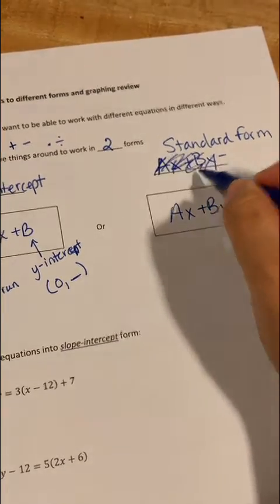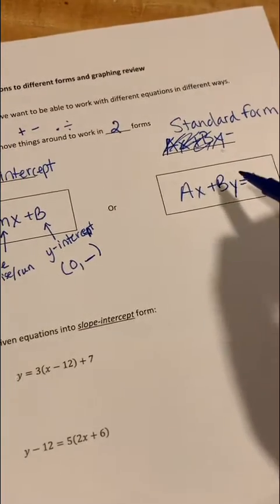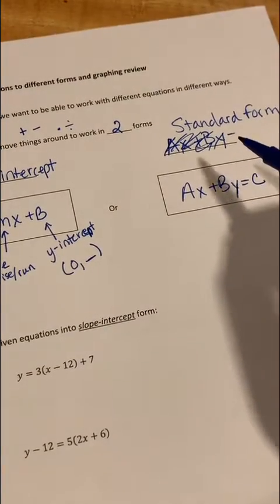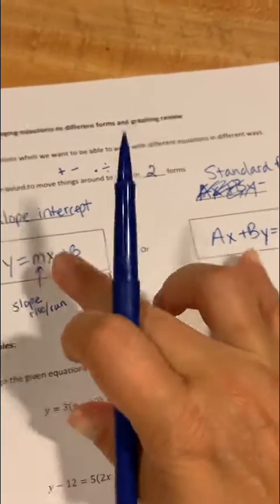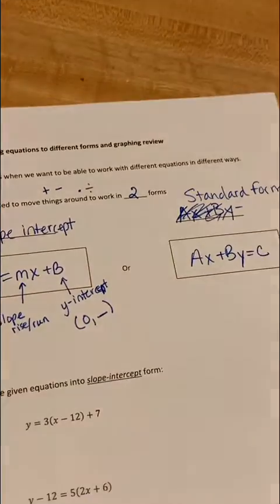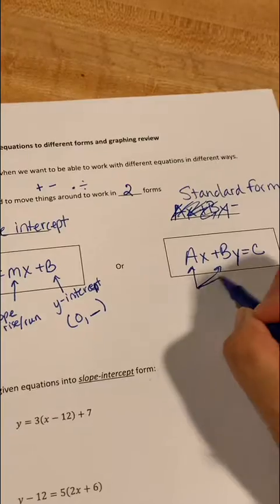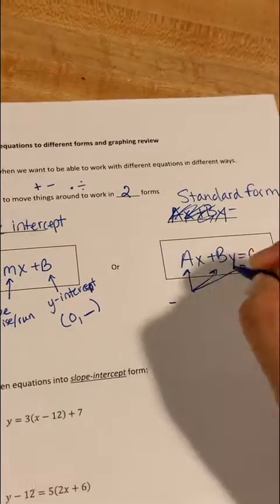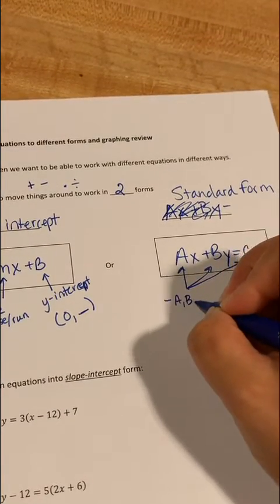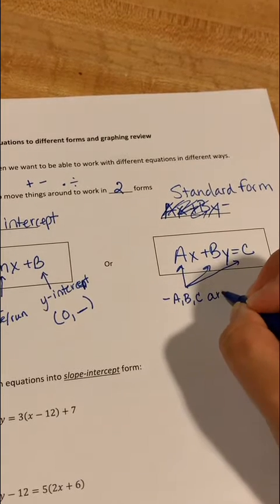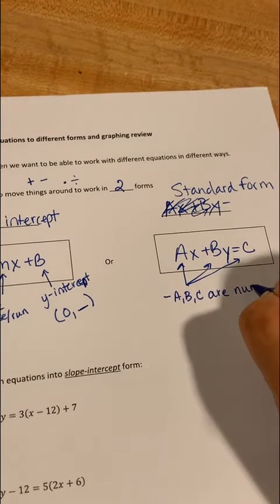The names of it, it's not like, if I say one or the other, just being able to go from one to the other, these are actually the two that you're going to go between, where A, B, and C are all number values.